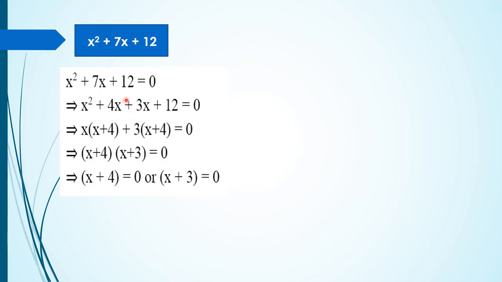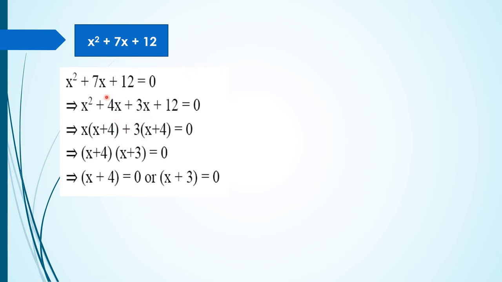Now x square plus 7x plus 12 is equal to 0. It's a quadratic polynomial. Here you have a is 1, b is 7 and c is 12. Coming to AC, 1 into 12 is equal to 12. You have to select a suitable pair of factors whose product is 12 and whose sum is 7.